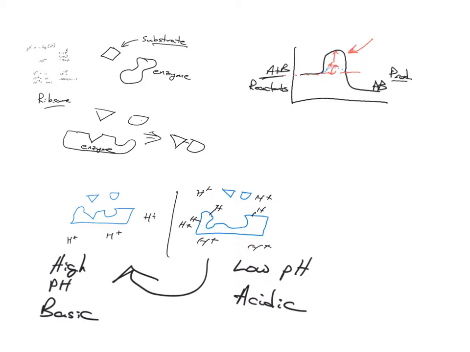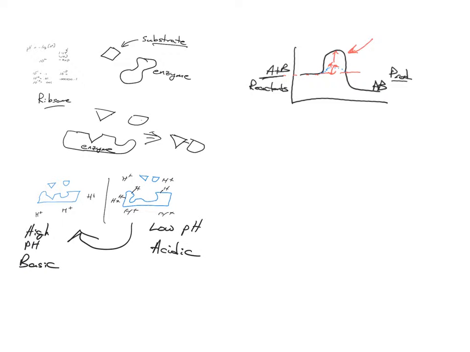So under acidic conditions, the protein no longer works because the shape is changed. It doesn't work on the substrates. But by the way, that's just one possible factor. There's three factors that can impact the shape of the enzyme and the function of the enzyme. pH is one. Temperature is another. Remember, we call that denaturing. Things that can denature an enzyme. pH can denature an enzyme.